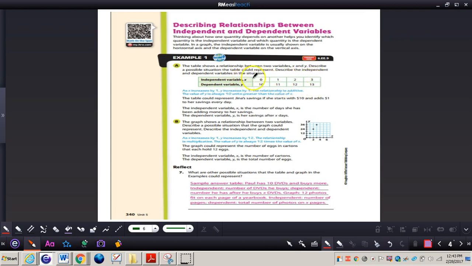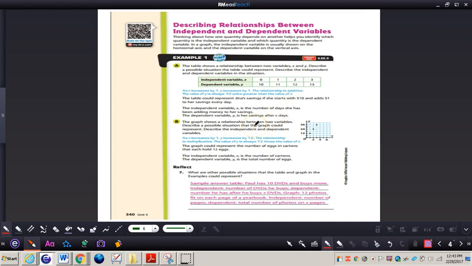So you can see as we add 1 to the independent variable, the dependent variable increases by 1. As we add another 1 to x, y increases to 12. As we add one more to x, making it 3, y increases to 13.